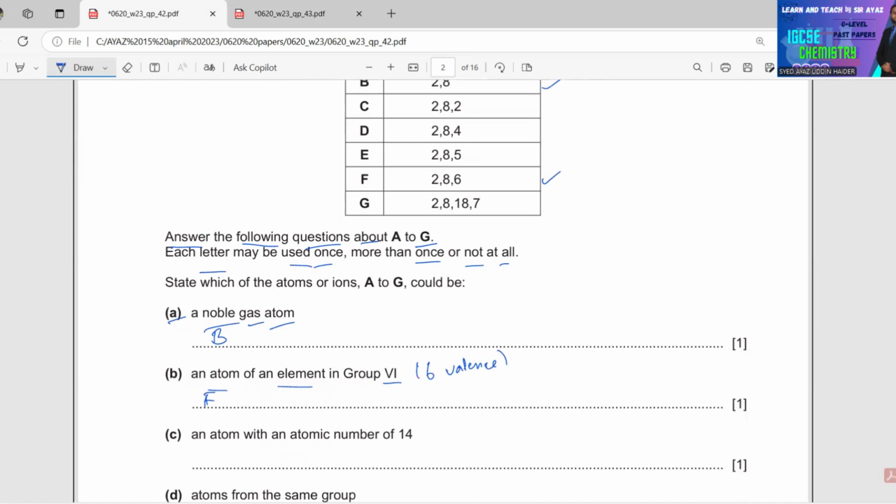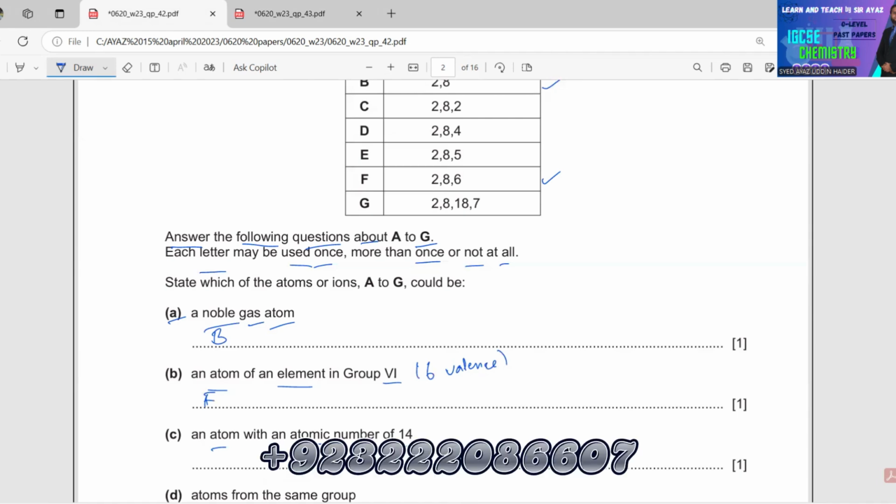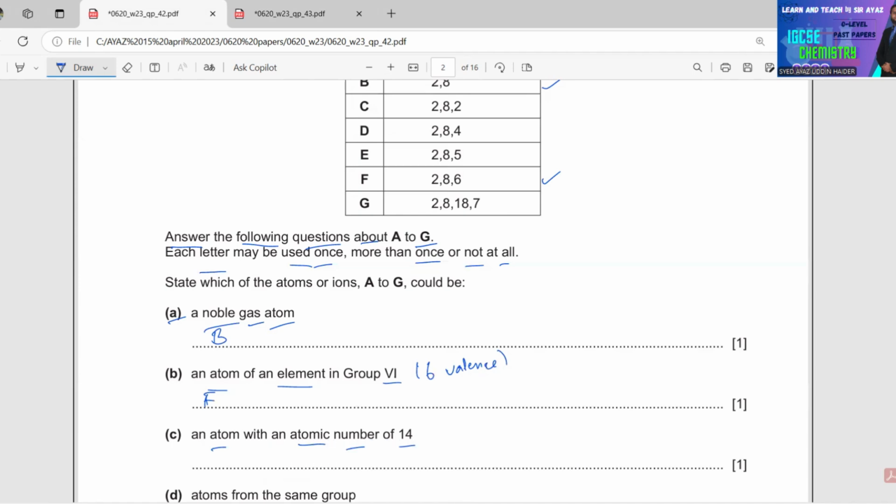C, an atom with an atomic number of 14. Atomic number of 14 means it must have 14 electrons. So you have to count the total number of electrons in this case.